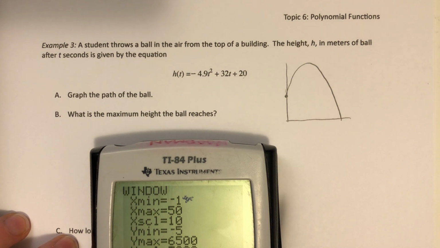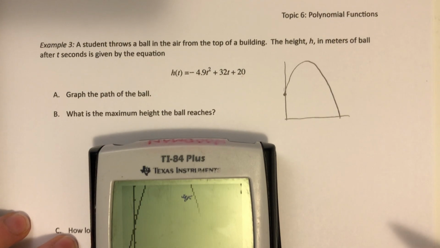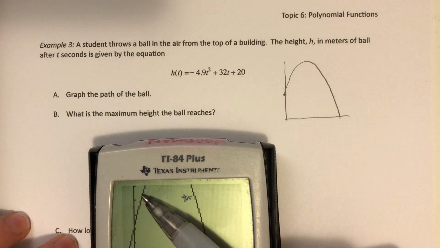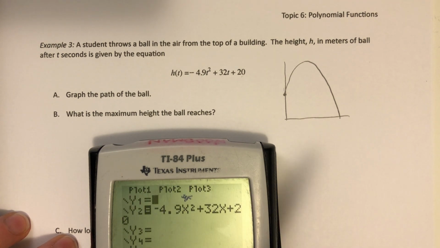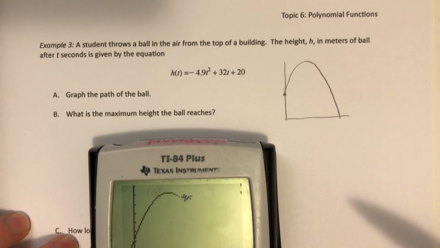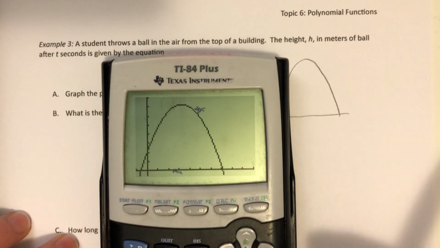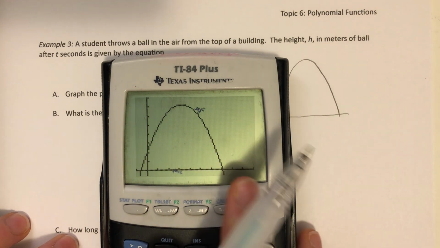So I'm going to go y max of like 50, scale it by 10. And then x, we probably only need to go to 10, but we can see from there. Okay, so my x was accurate, but my y wasn't high enough still. This person threw it very, very high. So let's see if like 80 works. Voila, it does. Okay, so there's the path of my ball, and a person threw it very high.